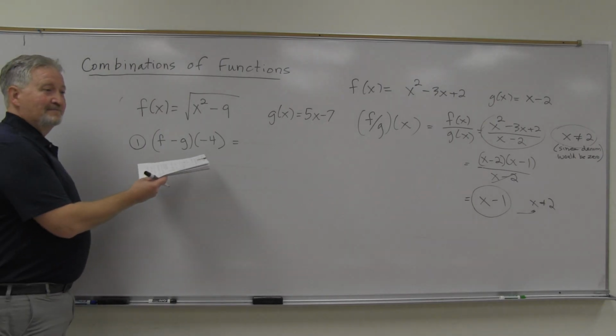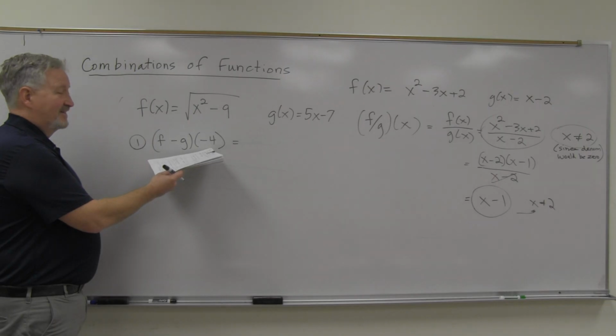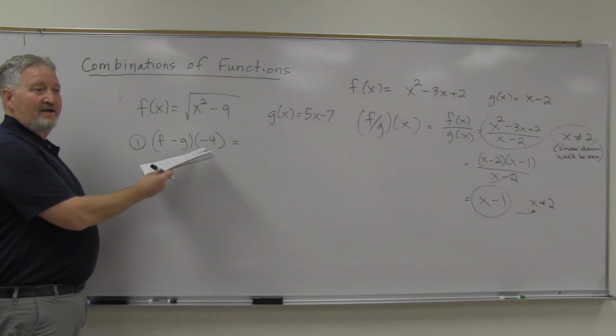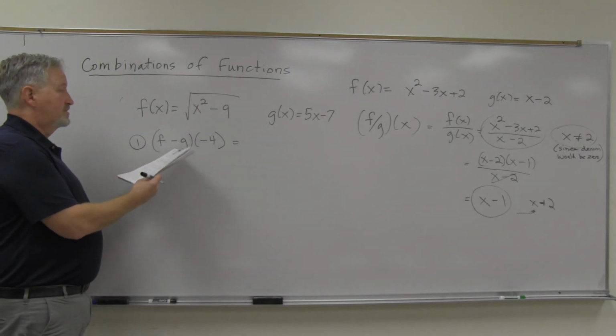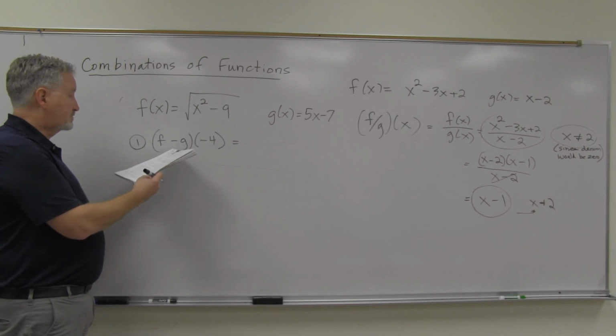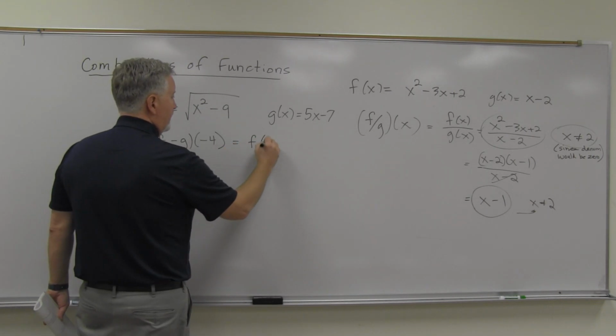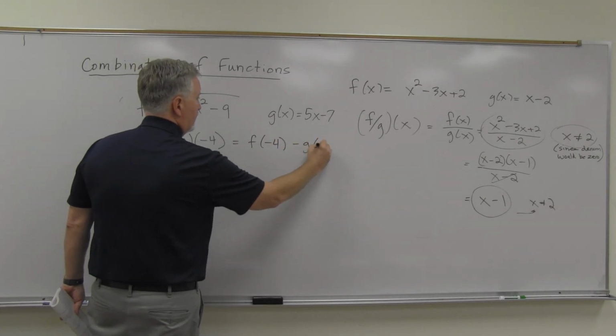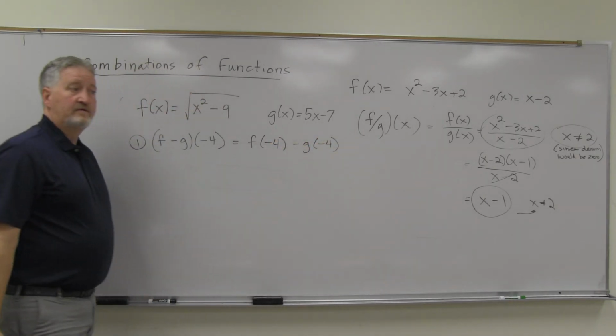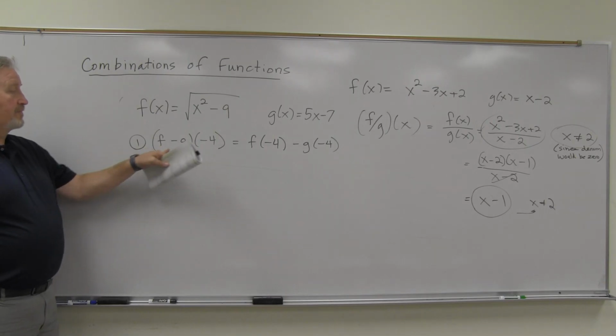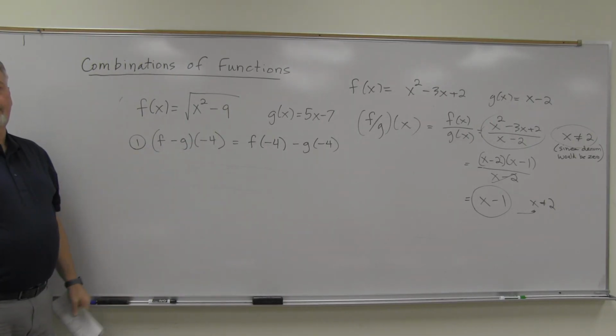what does this mean? That's our input value, right? And so when I go to subtract these, I'm going to subtract f of -4 minus g of -4, right? Isn't that what that means? So I'm going to input -4 for both, and then I can subtract.